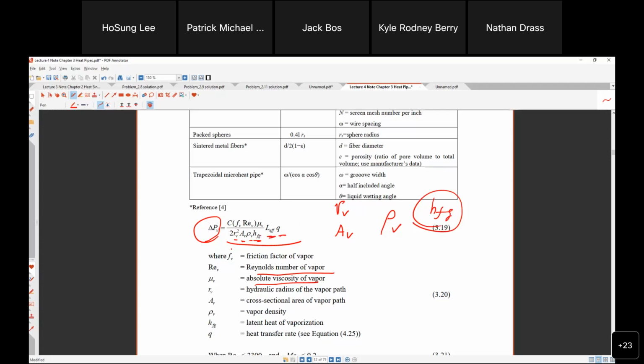How can we relate the pressure and the Q? Once there is evaporation, M dot HFG is Q, thermodynamically. Enthalpy change, mass flow rate must be Q. So this is related to rho VA, velocity, density, pressure.